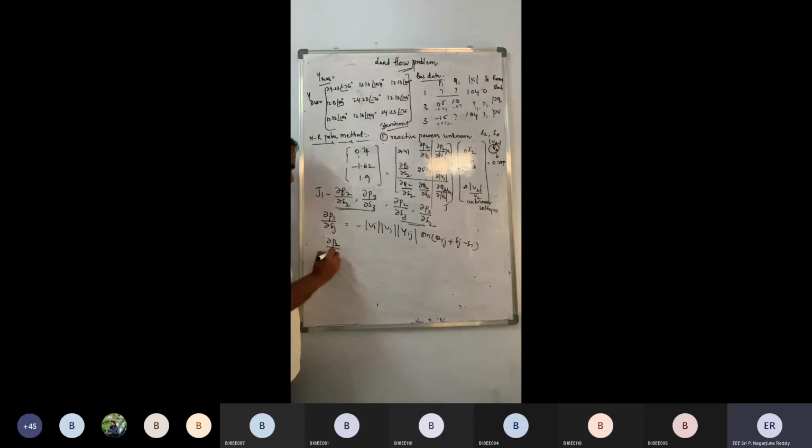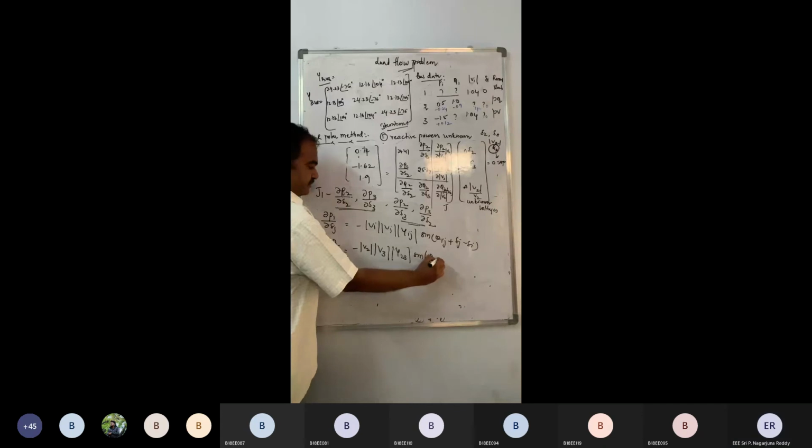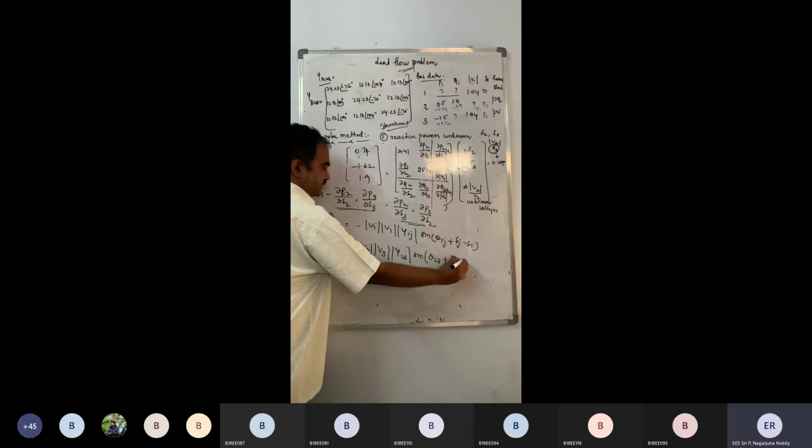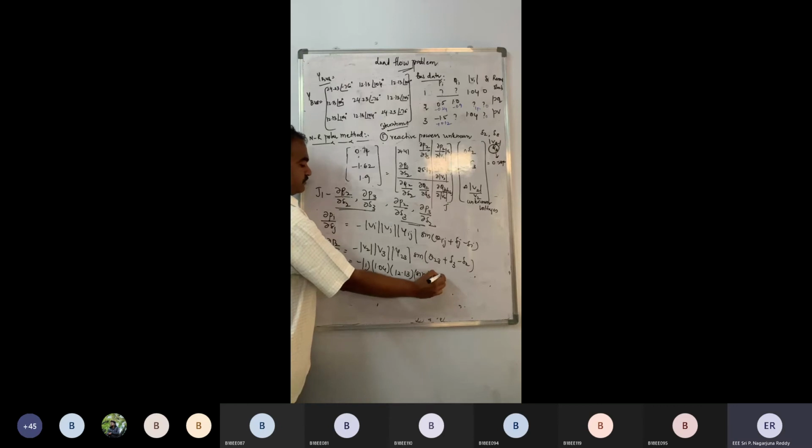So 2 with respect to 3. This is minus V2 V3 Y23 sin of theta 23 plus delta 3 minus delta 2. And the answer: V2 is 1, V3 is 1.04, Y23 is 12.13, sin the rest of all are 0, 104.